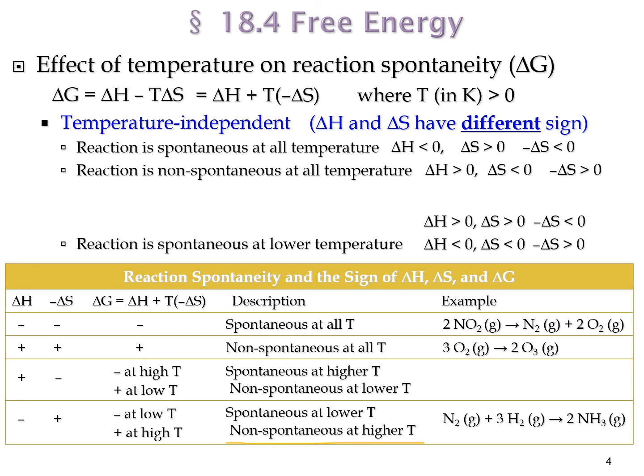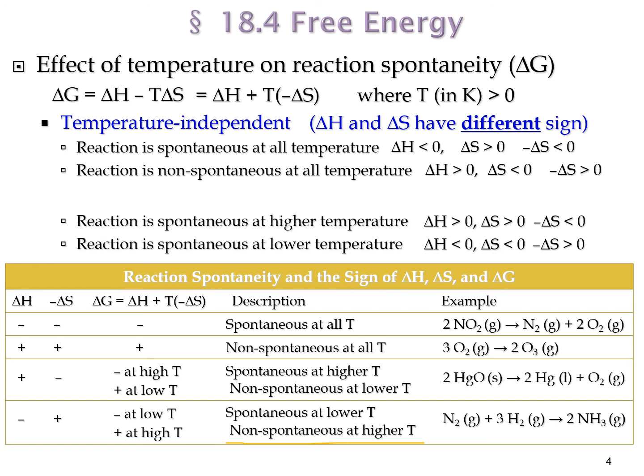As the temperature goes higher, T times negative delta S becomes more and more negative, then that will take care of this delta H, making delta G negative. So again, this is another scenario where we can see the reaction is spontaneous depending on the temperature. Only this time, the reaction is spontaneous at higher temperature.